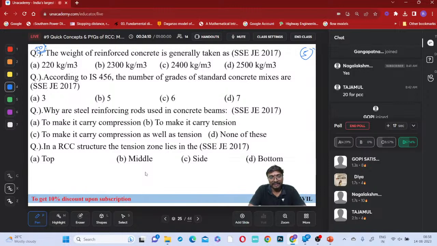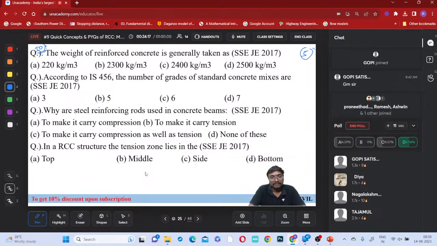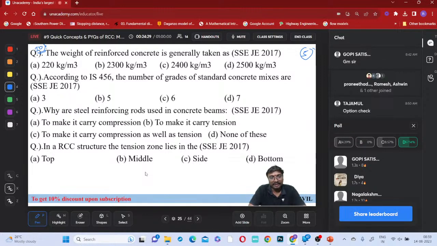You have to be careful. Question number 10: it is reinforced concrete, not the plain concrete.